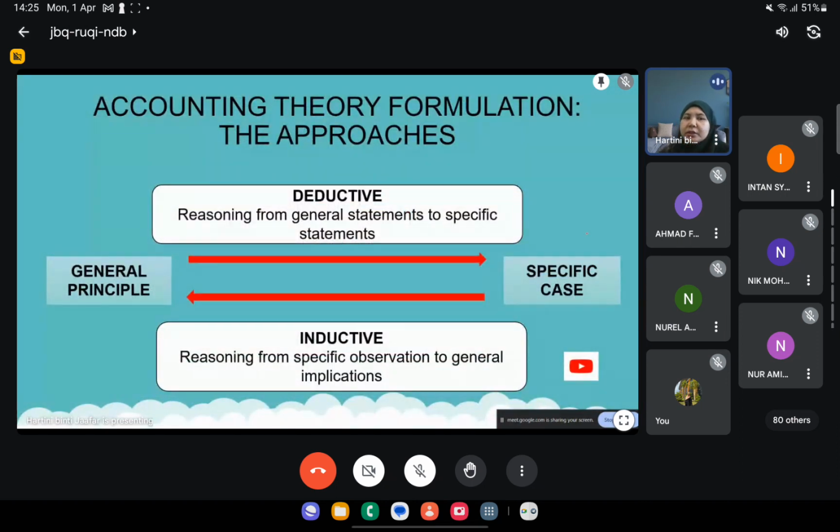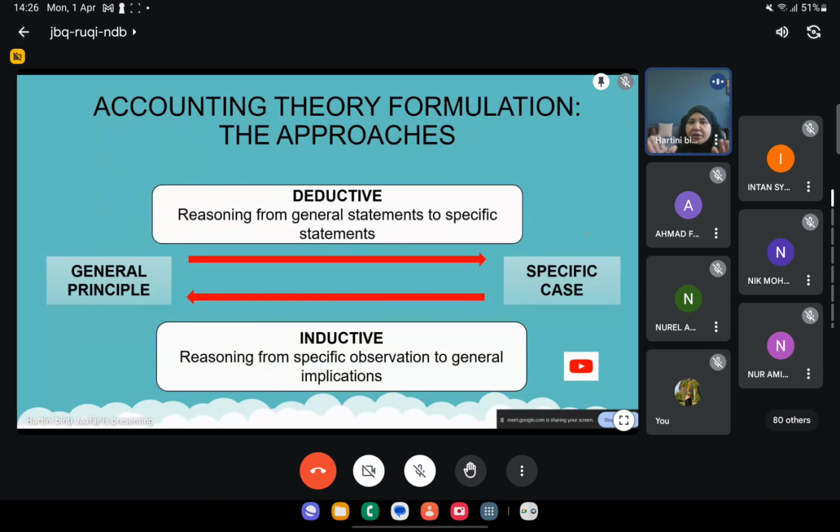Okay, when formulating accounting theory, the basic idea is that we have two different approaches. Some people would call this quantitative study, some people would call this qualitative study. But overall, in general, people would view the approach from two mainstream, which is the deductive or the inductive approach to formulate the accounting theory.